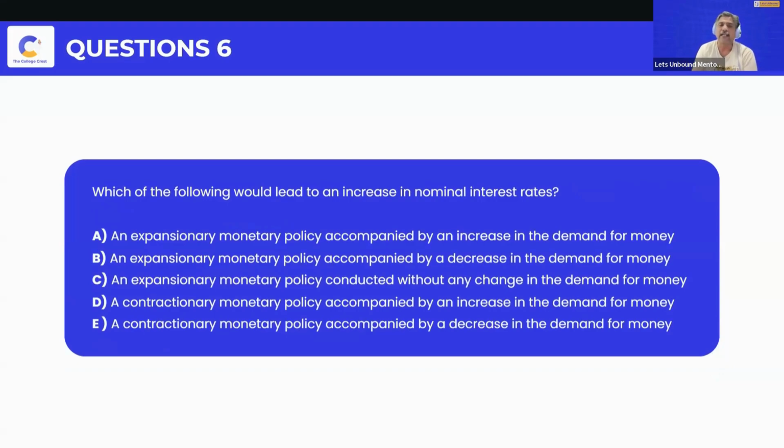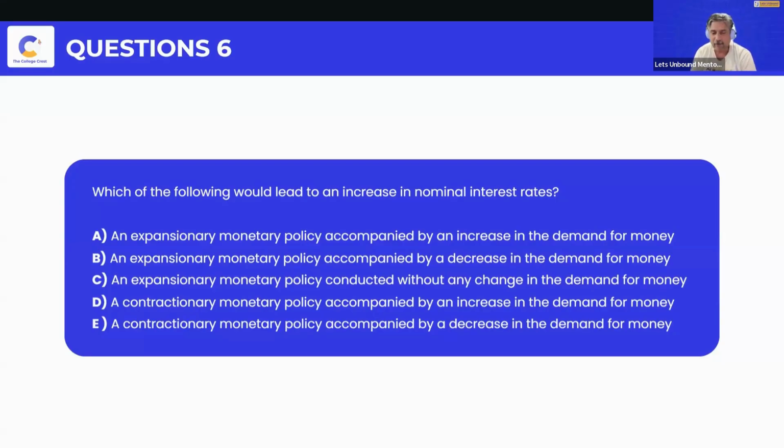Which of the following would lead to an increase in nominal interest rates? So if we are talking about the money market, demand for money is obviously a criteria which will decide what happens with the nominal interest rates. So if we go through all the options here, a contractionary monetary policy accompanied by an increase in demand for money would definitely lead to an increase in nominal interest rate.